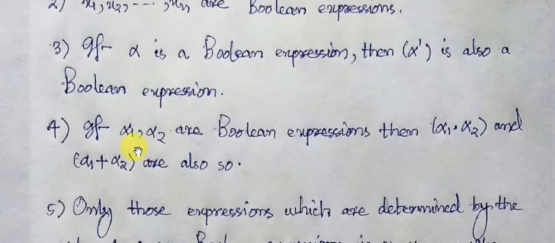And if alpha 1 and alpha 2 are two Boolean expressions, then the product of these two expressions and the sum of these two expressions, that means alpha 1 into alpha 2 and alpha 1 plus alpha 2, are also two Boolean expressions.